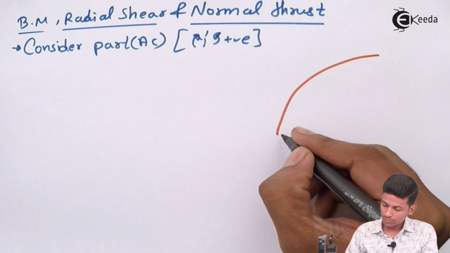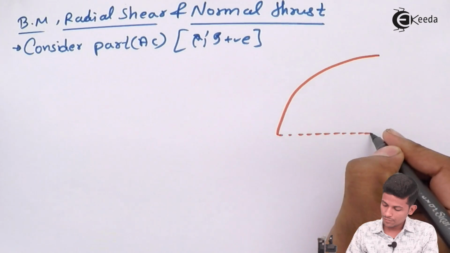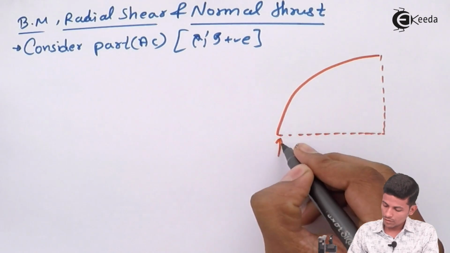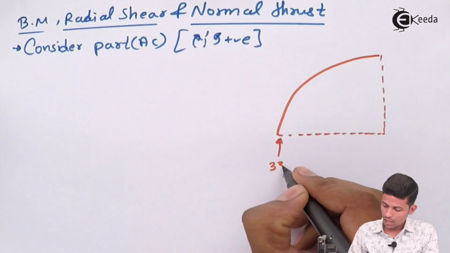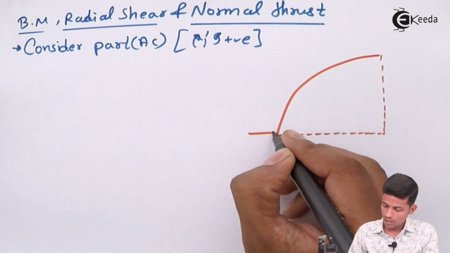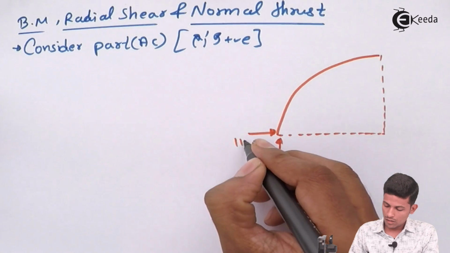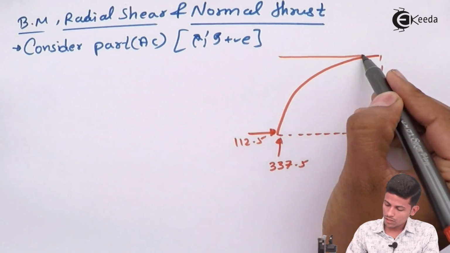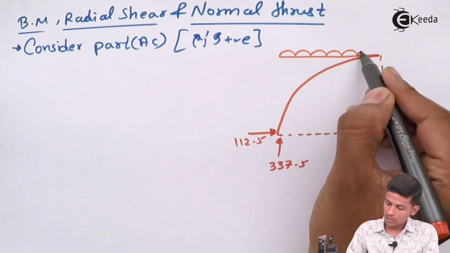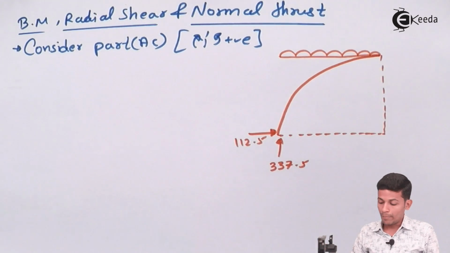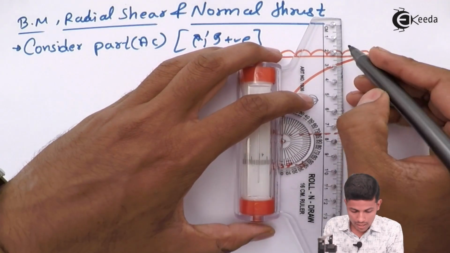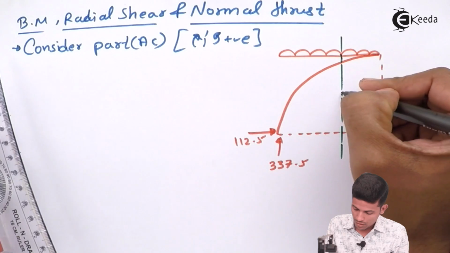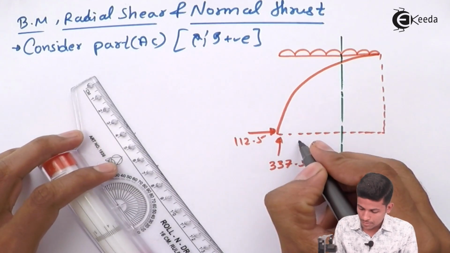Okay, and we have to find the bending moment at 6 meter from A, means 6 is coming here, 6 meter.